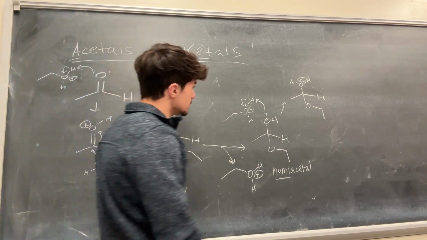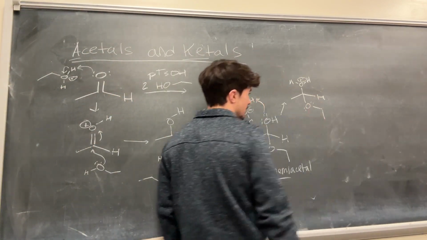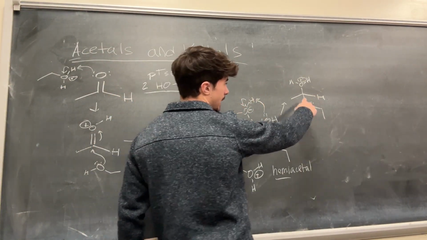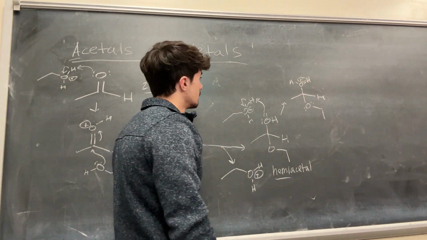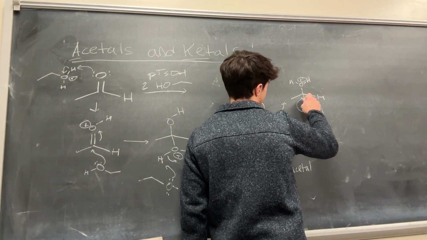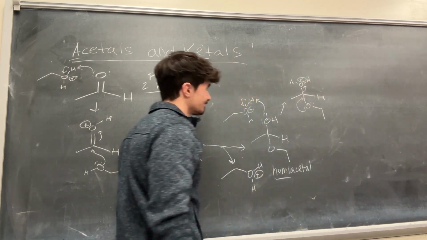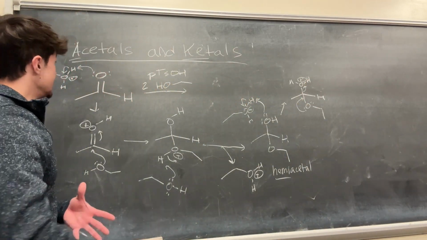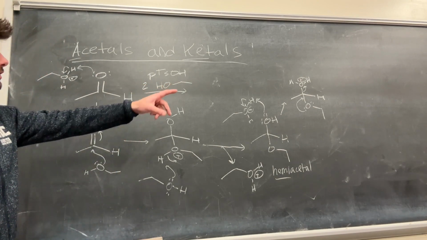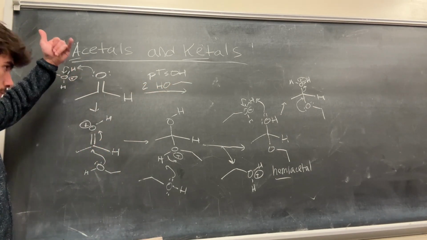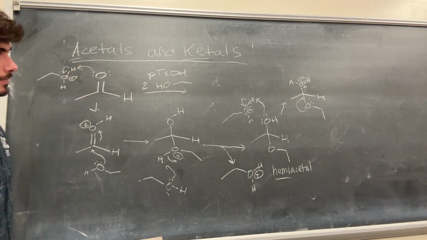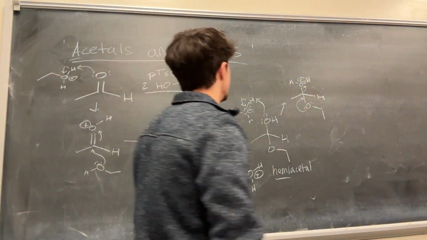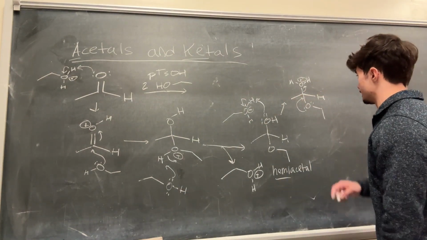And we can use the electrons from this oxygen down here to form a pi bond with this carbon and effectively kick out the water. So keeping things in perspective, the oxygen from that water is this oxygen here. So we've removed the original oxygen from the carbonyl.